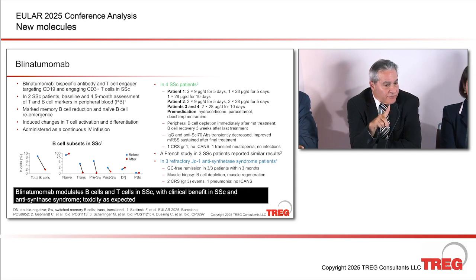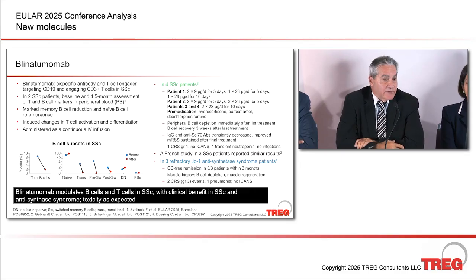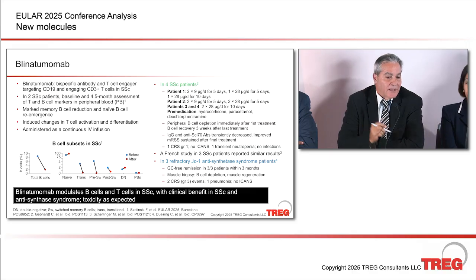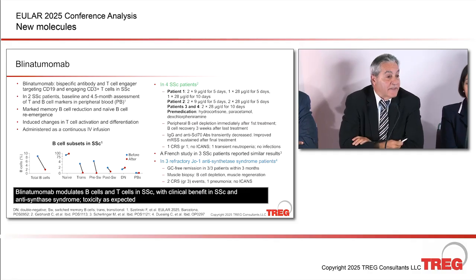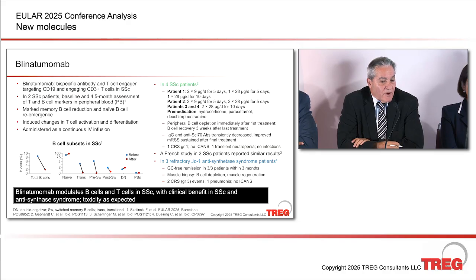It's a single strand, it's murine, and because of the experience in oncology where they had a very high incidence of CRS and a very high incidence of ICANS, they were very cautious in the way they gave this drug and have an interesting dose escalation profile you can see top on your right. This needs to be given as a continuous intravenous infusion over 5 days, increasing the dose. Therefore, you need a pre-med, and they use hydroxycortisone and an antihistamine, but it depletes very effectively.